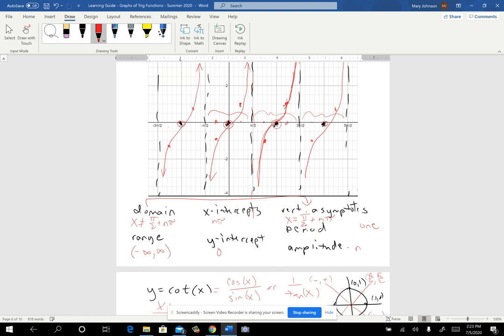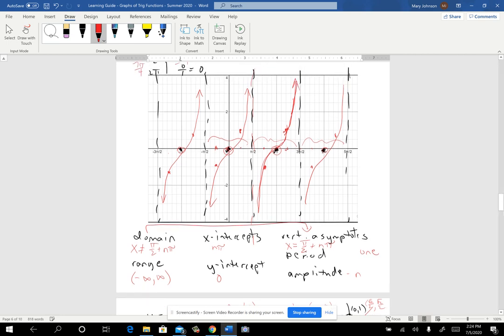Now let's think about the period of this one. On all the other ones, we had to go a full 2 pi before we had enough information to be able to get our picture to repeat. But you see how I really get enough information with just one chunk like that, just gets repeated over and over again. The whole thing happens within just pi.